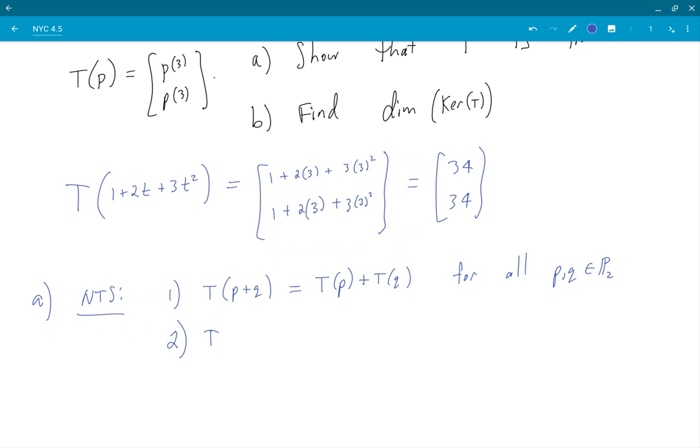And also that if you have T of a multiple of a polynomial, the scalar there can come out.